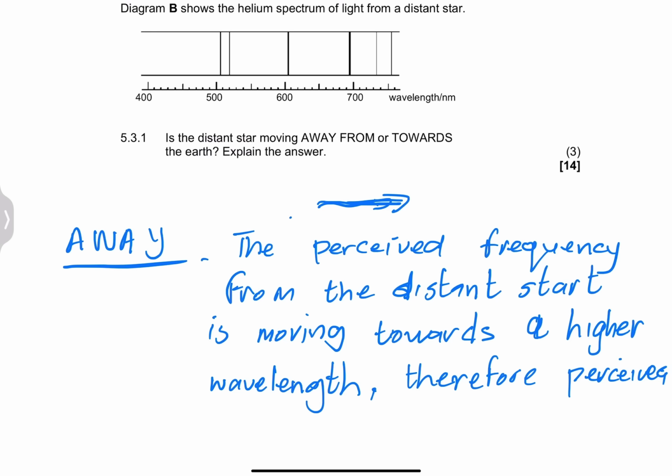Now, ladies and gents, I'm not saying this is the Bible, in that you need to write it exactly as I do. You'll find a way to express it, but nonetheless it should be somewhat true in the same way. More or less you should be saying the same thing. The perceived frequency in this case decreases.